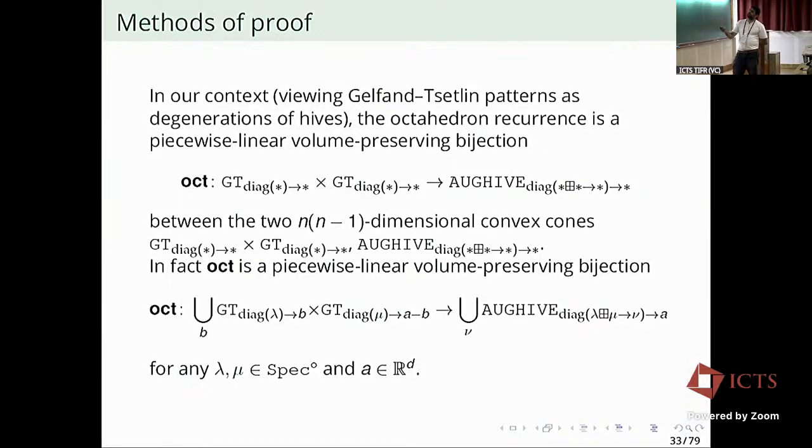So this octahedron recurrence is actually a map of the lattice points in the pair of Gelfand-Tsetlin polytopes to the augmented hive polytope lattice points, and in particular, it's a bijective map, and this implies that it's a volume preserving map from the entire polytope, which is GT lambda cross GT mu, going to the augmented hive polytope.